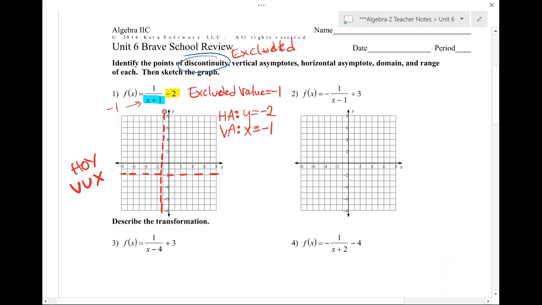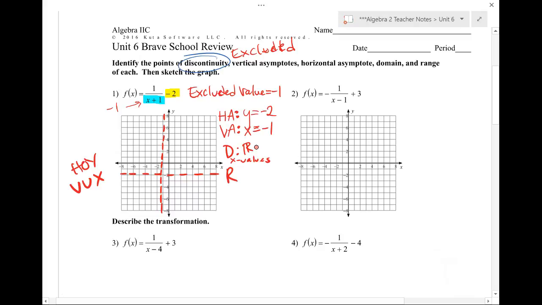Now the next thing you need to do in order to graph your function, well actually first, let's find the domain and the range. Now remember, domain is all the x values. And we note that by saying all real numbers except for some value.